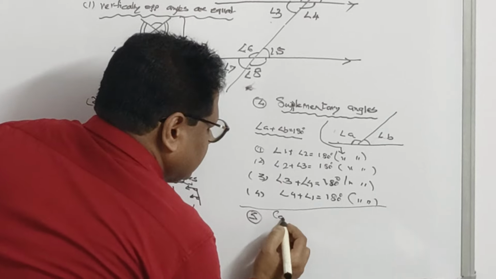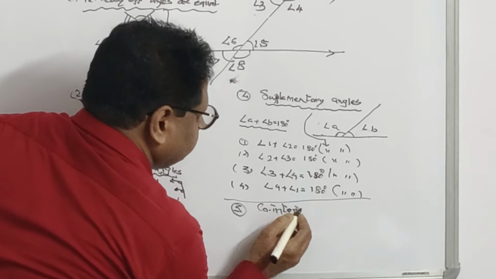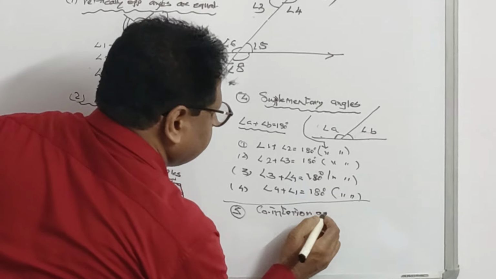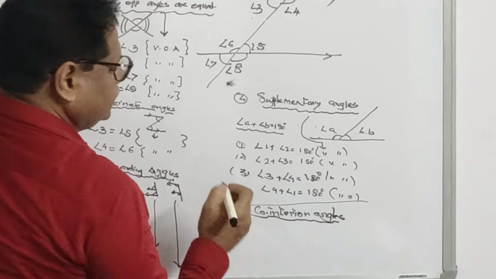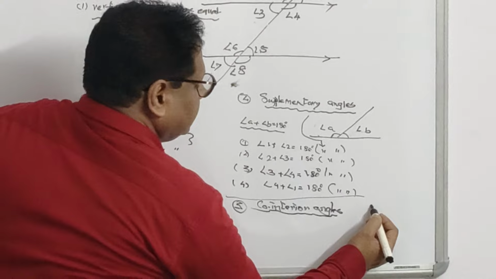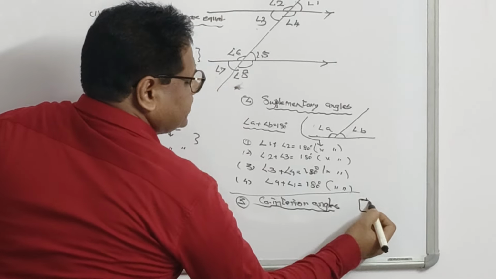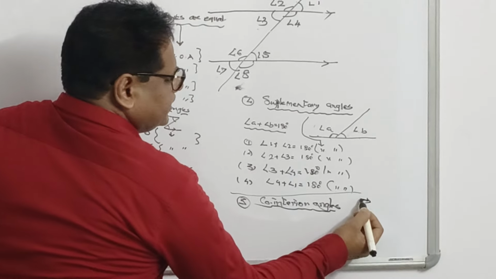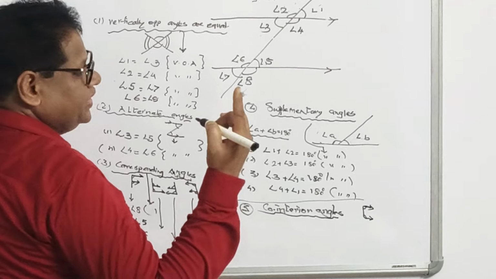Now let us consider co-interior angles. For co-interior angles, you can remember the letter C. If I write this letter C in this pattern, such that these two arms are parallel, then the angles facing each other, this angle and this angle, the sum is 180.